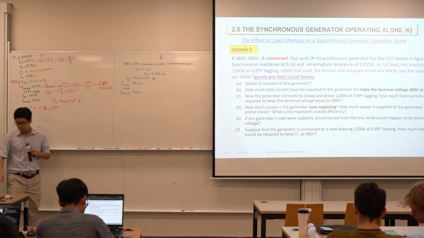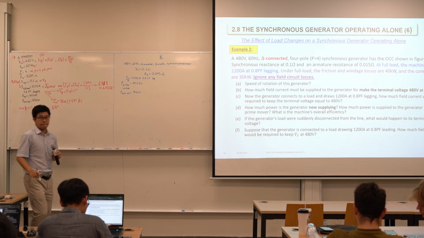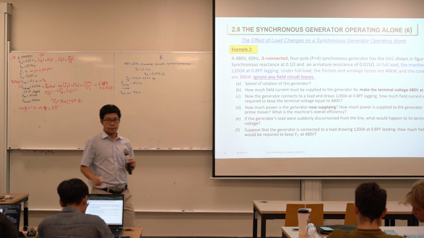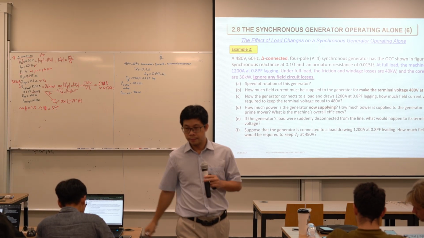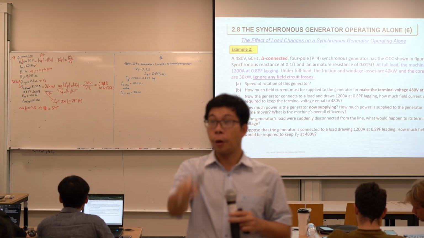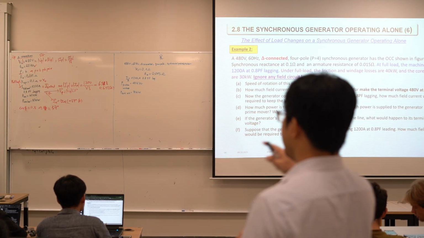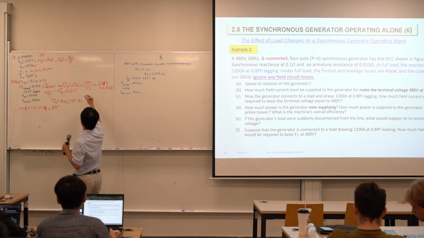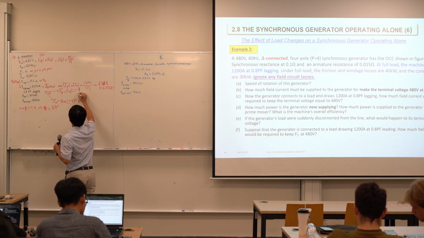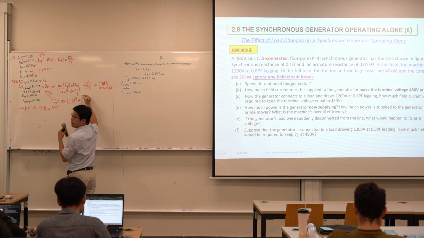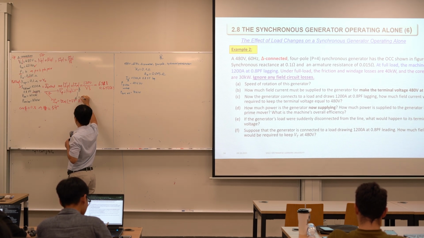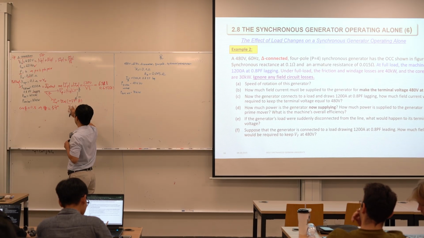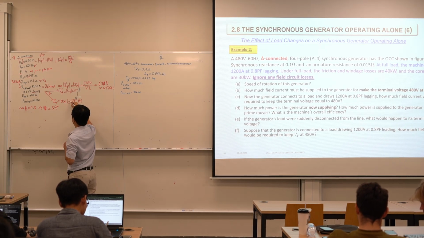Am I right or wrong? Wrong. Why? Because it is lagging, you stay here and you move to here. We follow clockwise, so minus. Okay, so here it must be minus.